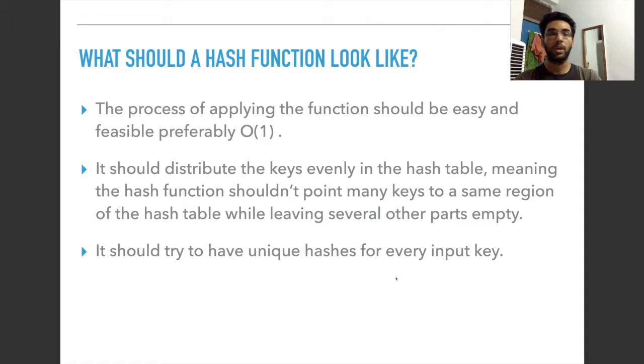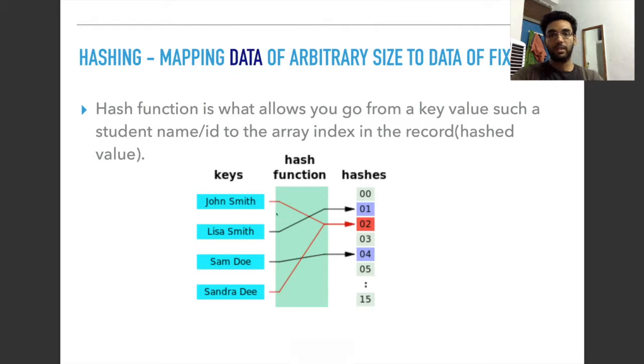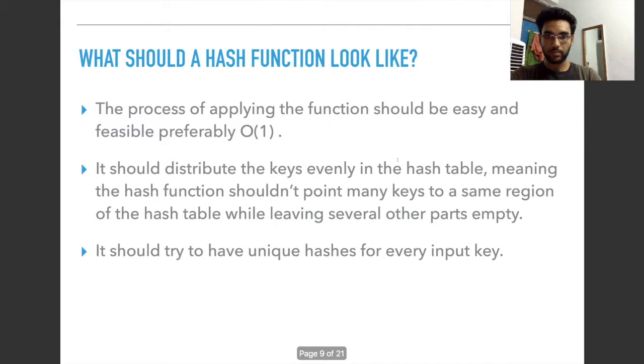Basically, you wouldn't want too many key values pointing to the same hash value. For example, in this case, John Smith and Sandra D both point to the same hash value, which is 2. This is an undesirable effect because it may cause collisions in our hash maps. Basically, we would strive to have unique hashes for every input key.